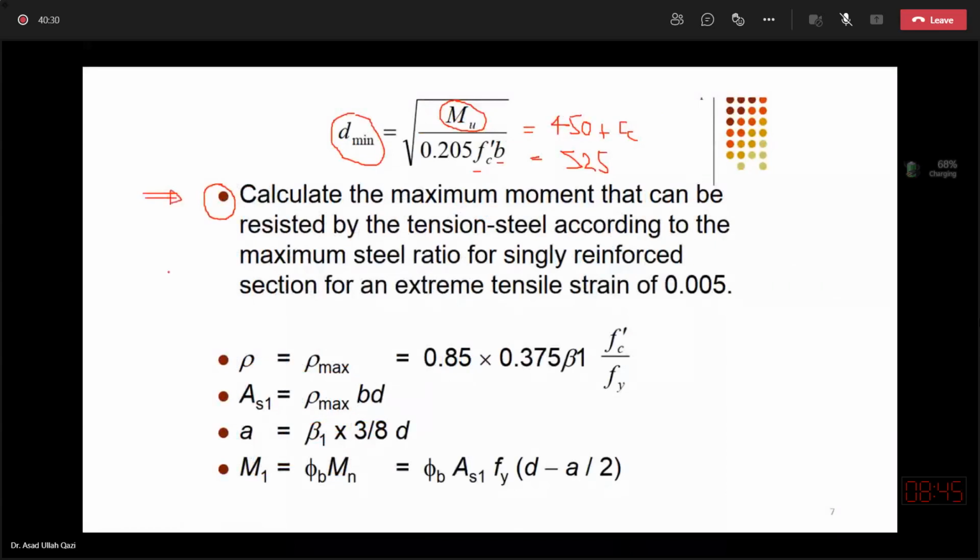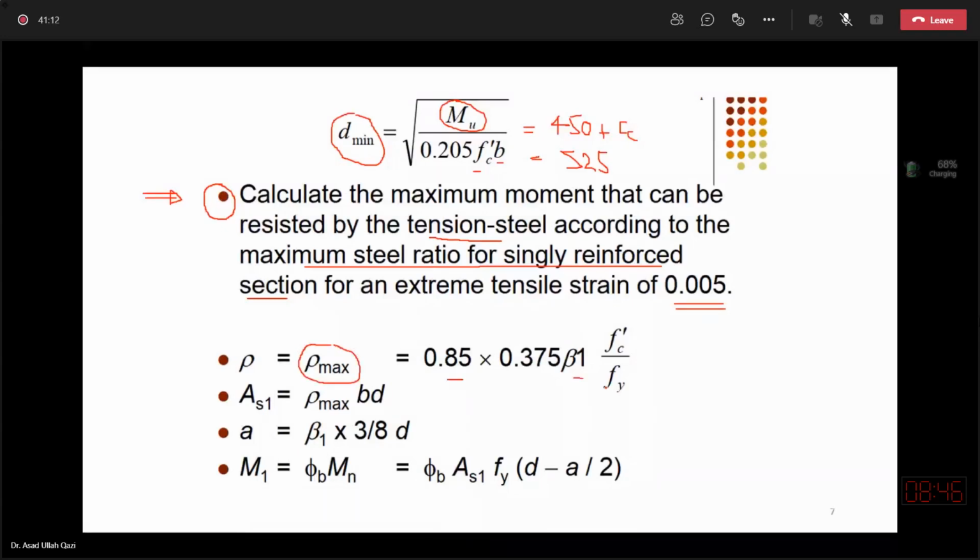Step 1 is to calculate the maximum moment that can be resisted by the tension steel according to the maximum steel ratio for a singly reinforced section, for an extreme tensile strain of 0.005. You will write the rho max equation of singly, and you know that it is 0.85 beta 1 into 3 over 8 into fc prime over fy.